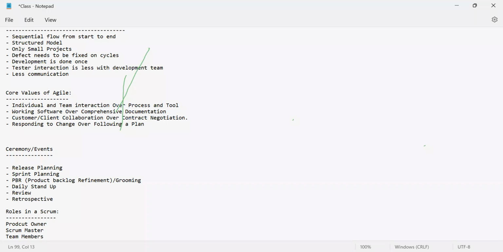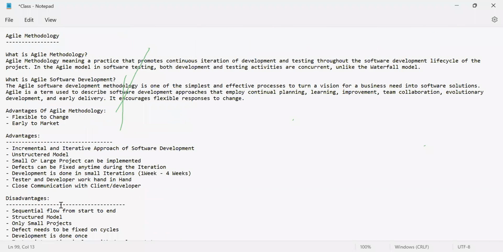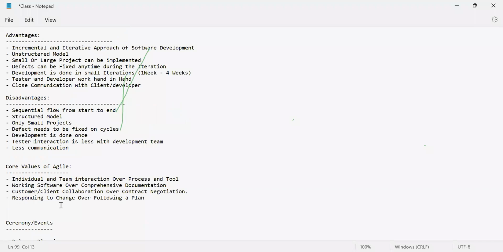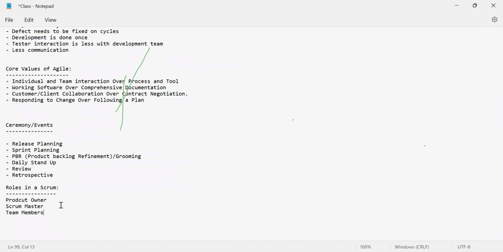Basically, in the traditional waterfall model, how many roles do we see? In traditional models, what are the different roles that we were going through?